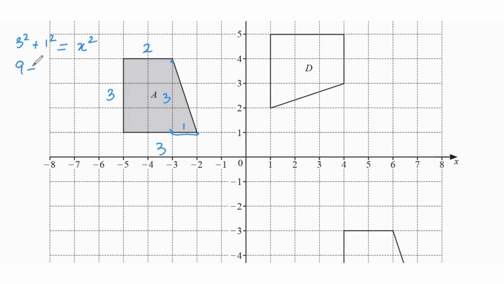So that's 9 plus 1 equals x squared. Square root of 10 equals x. And the perimeter would be 2 plus 3 plus 3 plus root 10, which is basically 8 plus root 10. That is your perimeter for the quadrilateral A.